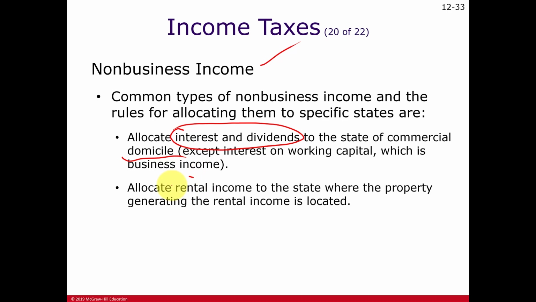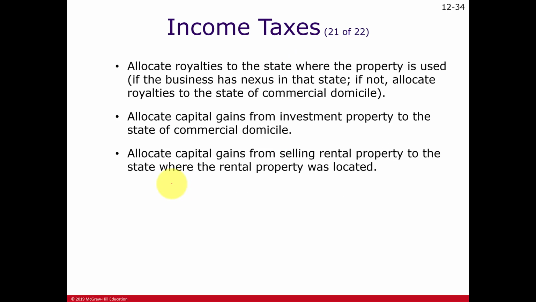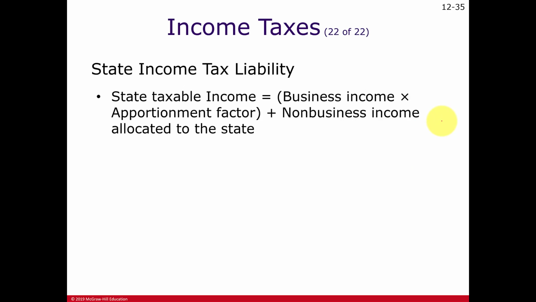In the case of rental income, you assign it to the state where the rental property is located. In the case of royalties, this might be a little bit more subjective, it is where the intangible property is being utilized. And these others typically follow where the property is located.